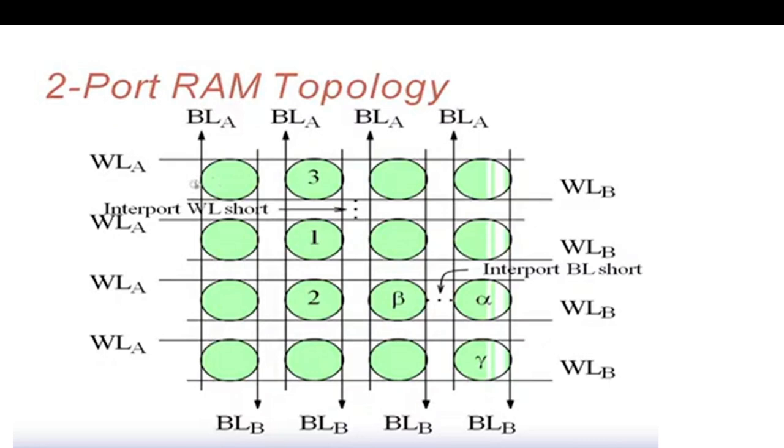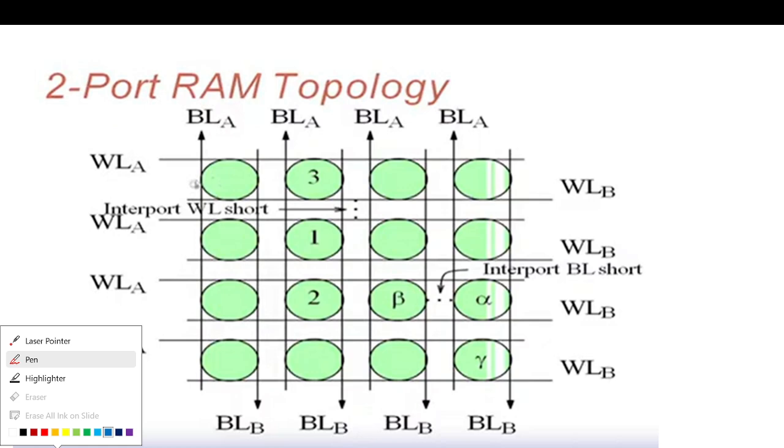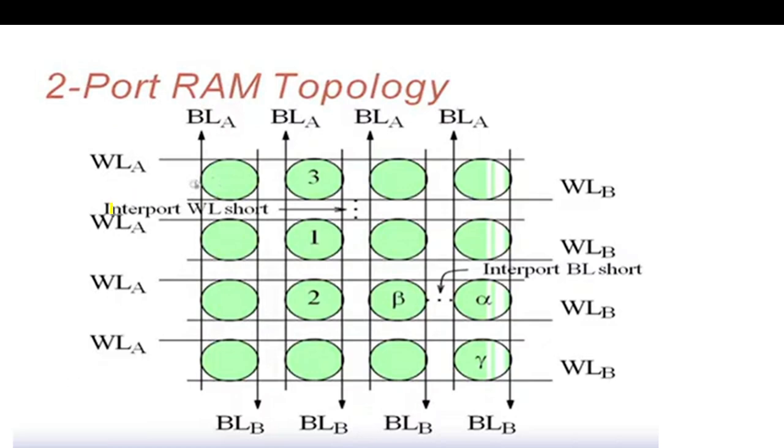Now, if we consider that there is an interport short between the word lines, that means here there is a short, and again here there is a short, if we have an interport bit line short.